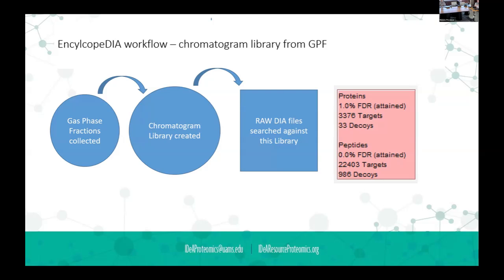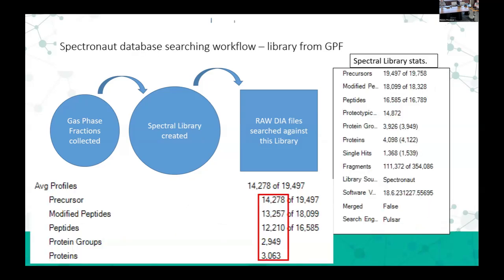And we got about 3376 proteins here with a 1% FDR. And if we did Spectronaut, where I made a library from the same gas phase fractions, so all the files are exactly the same, just a different database searching platform, I was actually surprised.